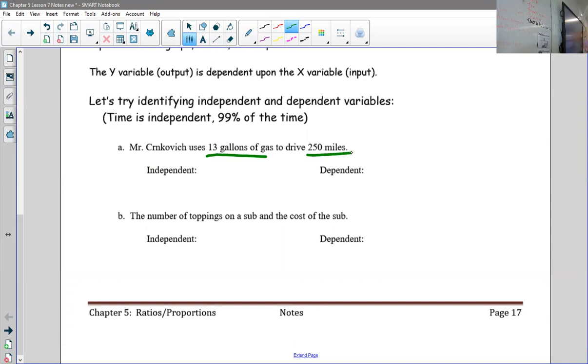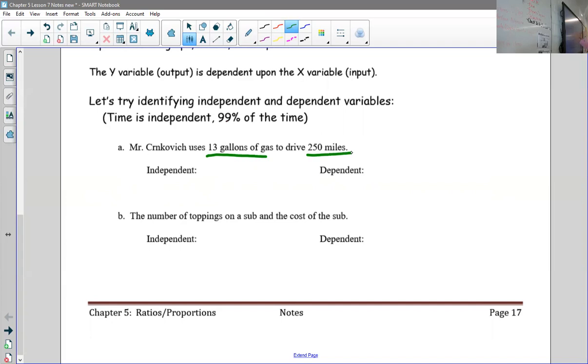But if you only have a half tank of gas, you can't drive nearly as many miles. So the number of miles that you can drive depends on how much gas you put in your car. You can choose to put a certain amount of gas in your car, and then that will determine how many miles you are able to drive.